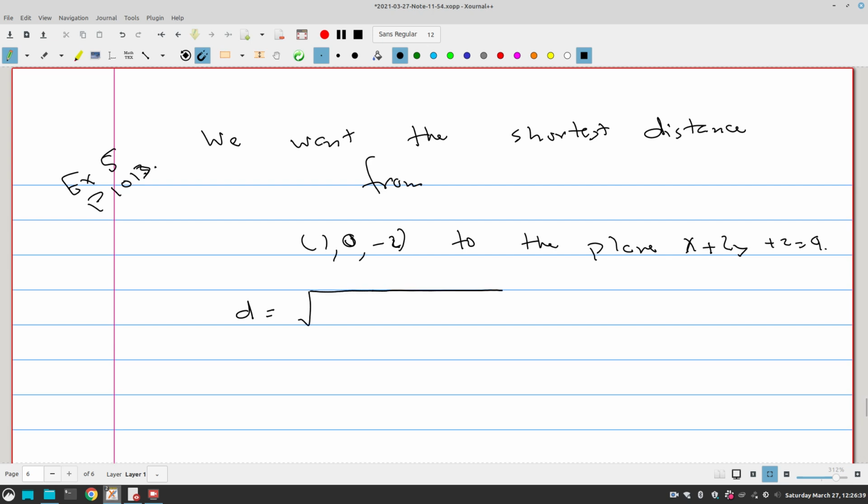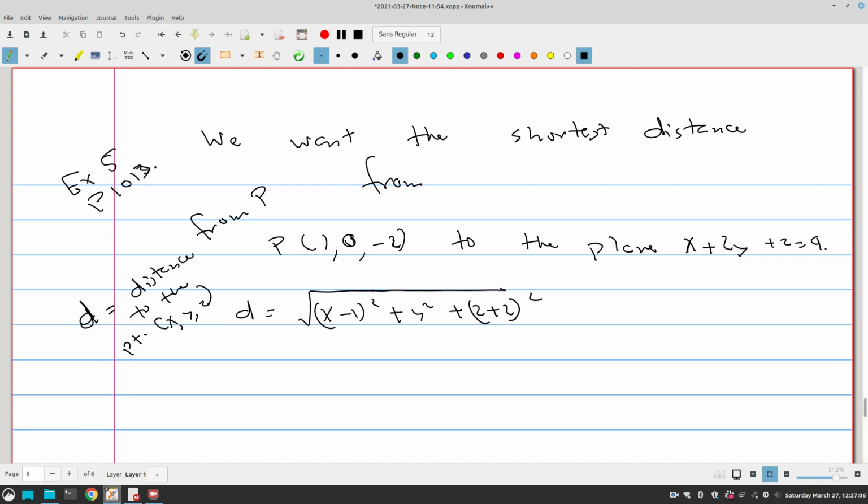Let's call this point P. The distance from P to the point (x, y, z) is equal to the square root of (x − 1)² + y² + (z + 2)². Now we want to minimize this distance because we want the shortest distance, right?